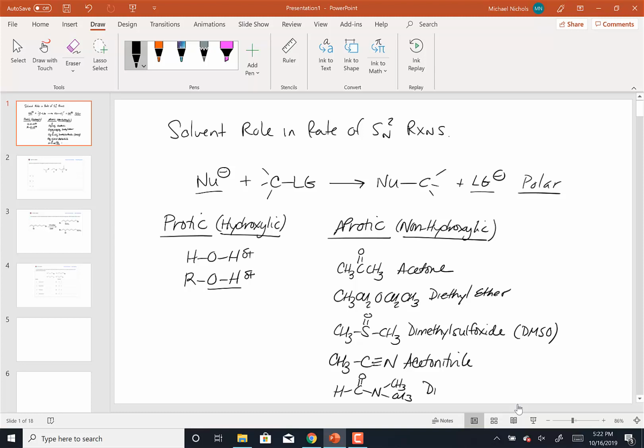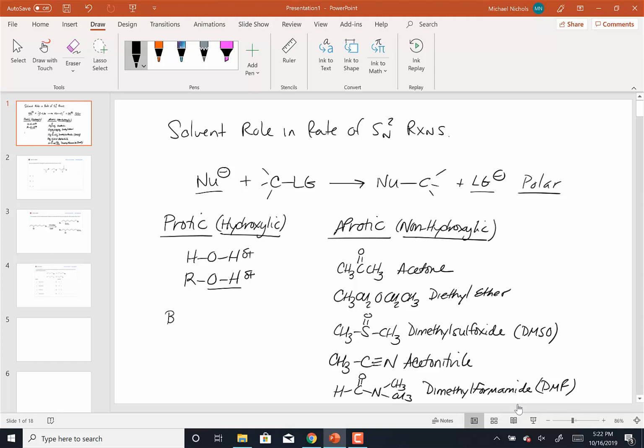This is called dimethyl formamide, which is abbreviated as DMF. So all of these are polar solvents, but they do not have hydroxylic or OH groups on them. And the difference then is the way that these two solvents solvate anions.